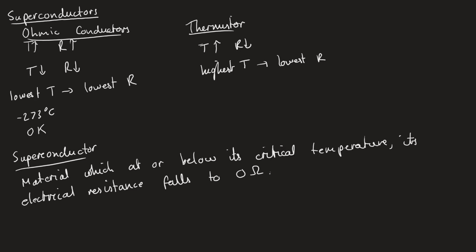Okay, so this means that for a superconductor, it is possible to get literally zero resistance, so zero collisions between electrons and the ions, which is quite phenomenal and which has very profound uses.